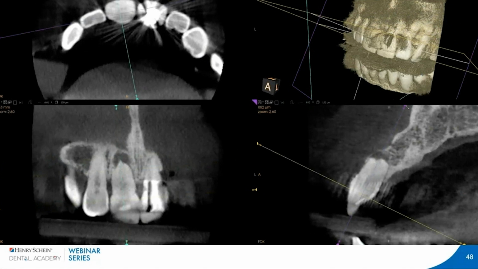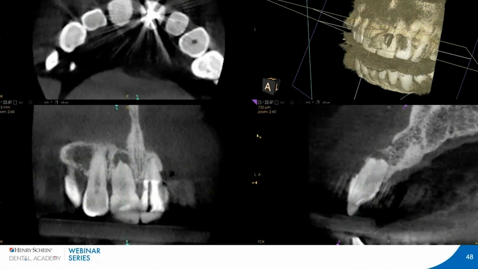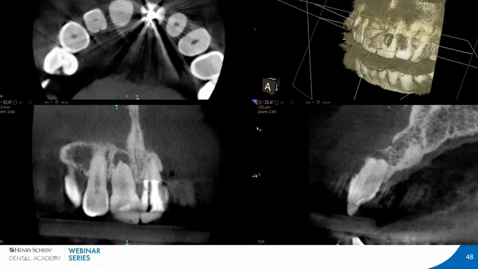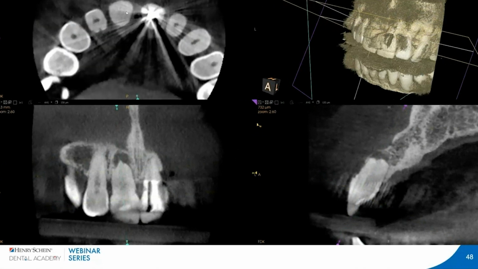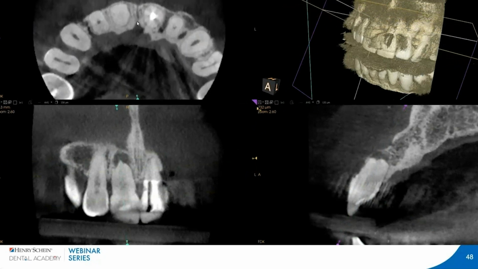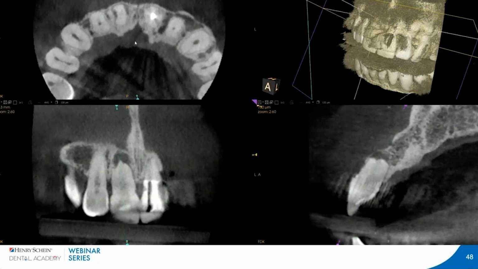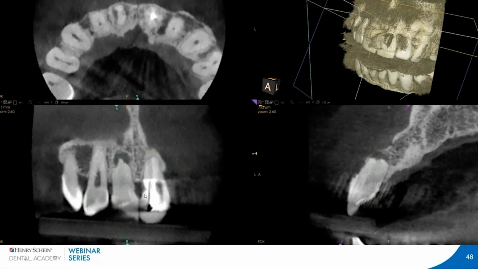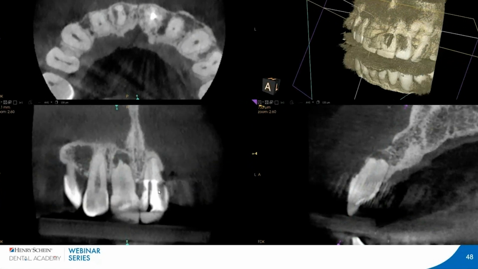Then you can scroll along each of these planes to see all aspects of the tooth, the root structure, and the canal system. In this case, you can compare that the adjacent teeth have very clear canal systems, and this does not. It's so calcified that it's essentially obliterated all the way down the tooth.